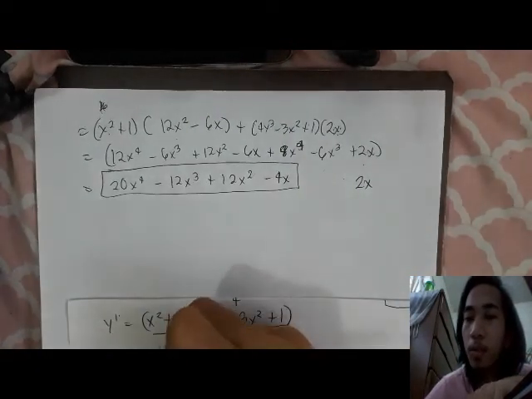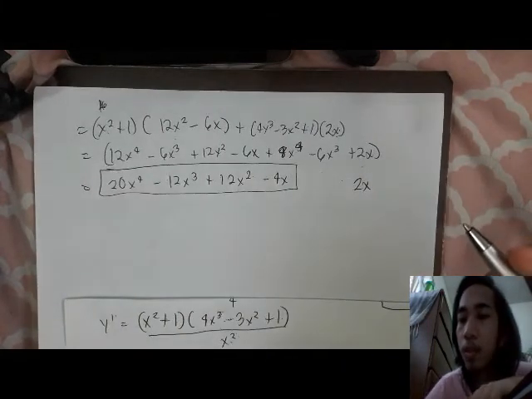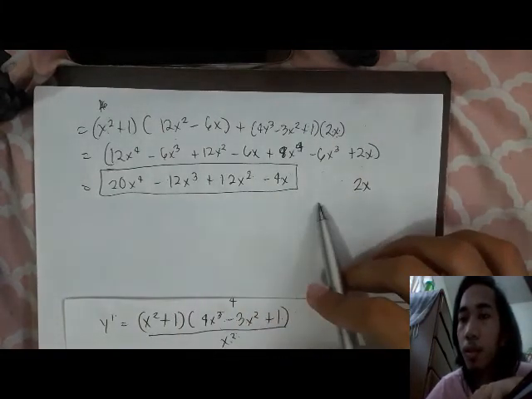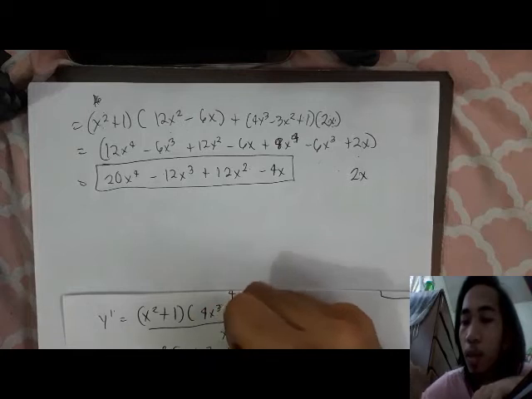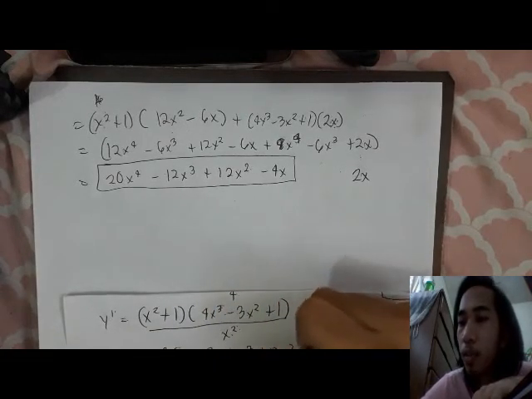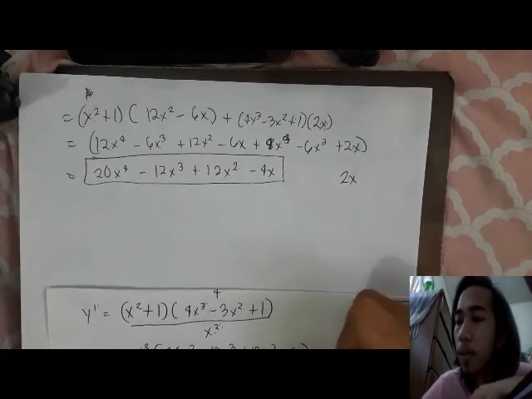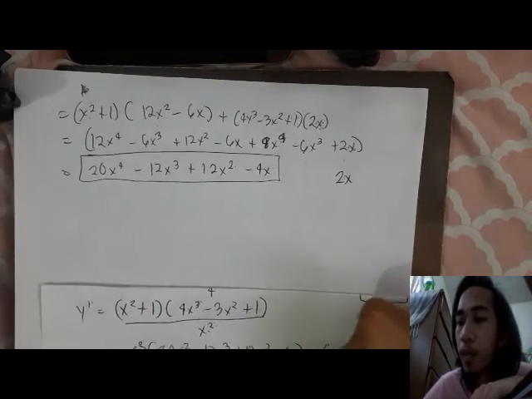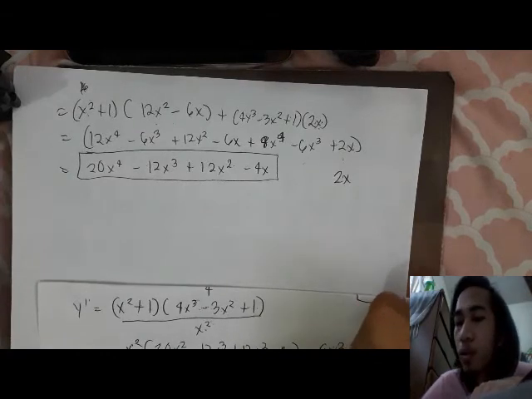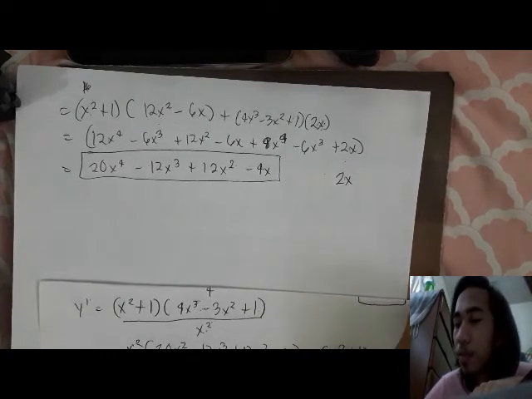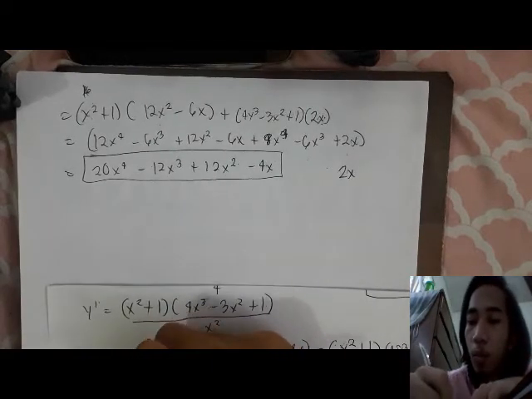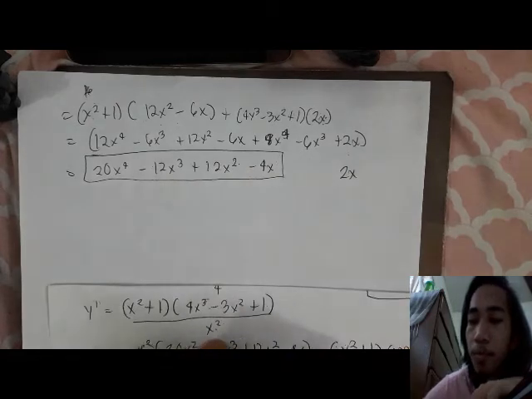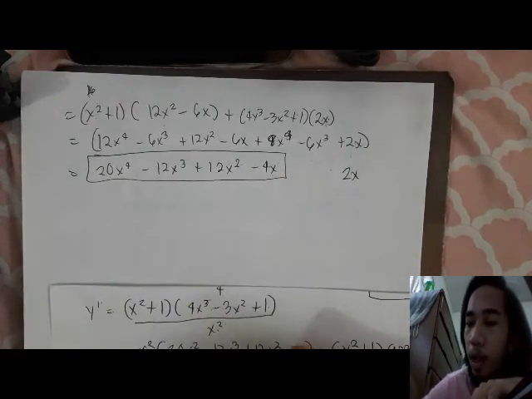Ngayon g, which is x squared times the derivative of f, which is 20x to the power 4 minus 12x cubed plus 12x squared minus 4x, minus f times the derivative of g, which is 2x, plus 1 times 2x, all over x squared squared.